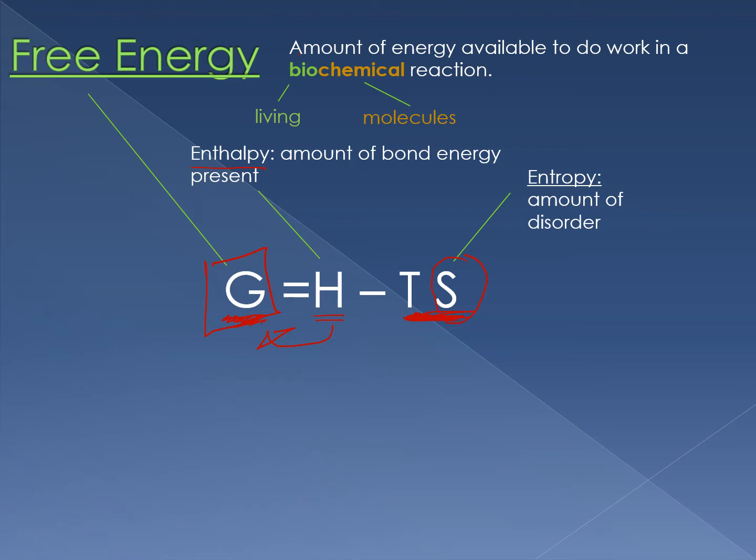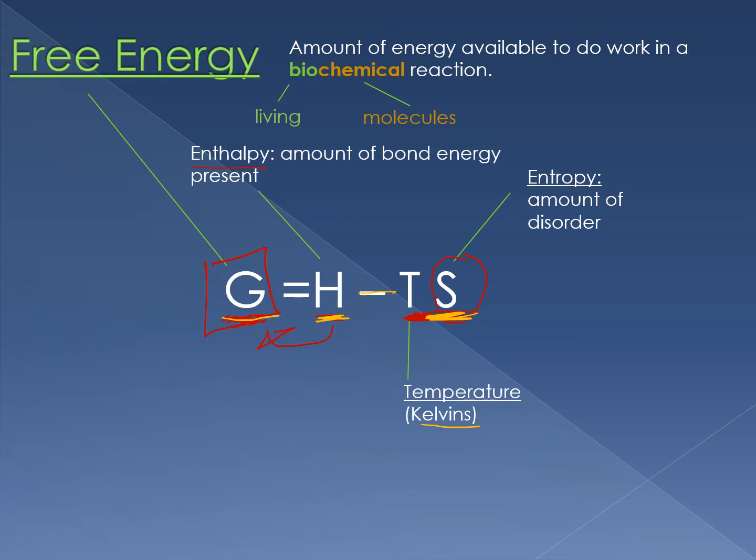So let's start again with G. I'm going to change colors here. G is free energy, and it's the amount of energy in the bonds minus however chaotic the system is. The last one is T, temperature, in kelvins, and you have to use kelvins because this would be a different number if you converted it to degrees Celsius or Fahrenheit.